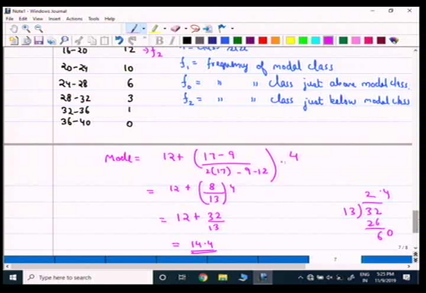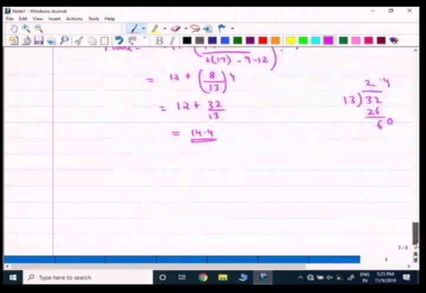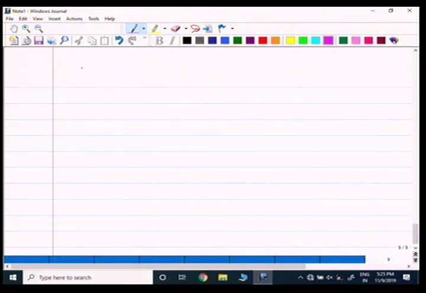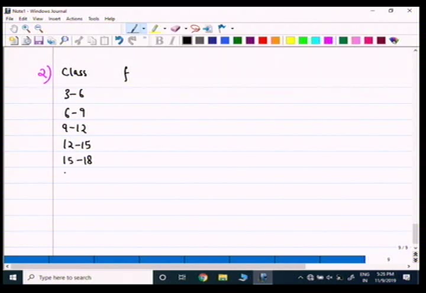Okay, if it is clear, then do one more question. Find the mode of this data.